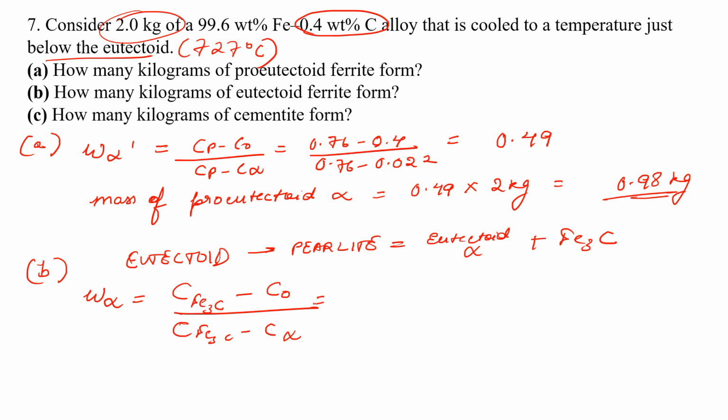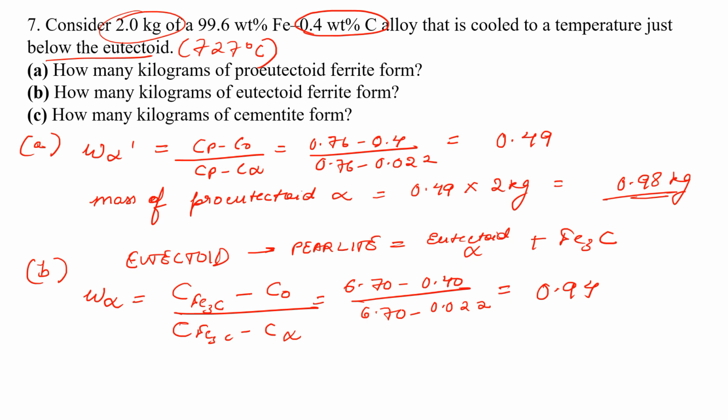That should give me 6.70 minus 0.4, divided by 6.70 minus 0.022. That should give me 0.94, or 94% total ferrite, right?